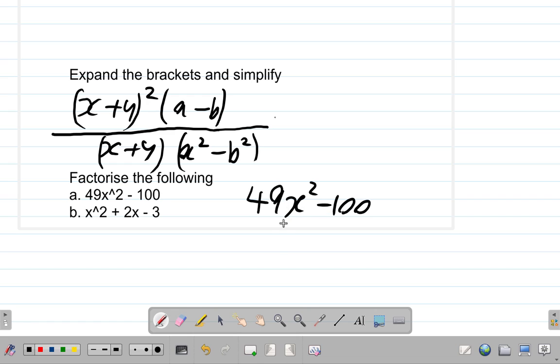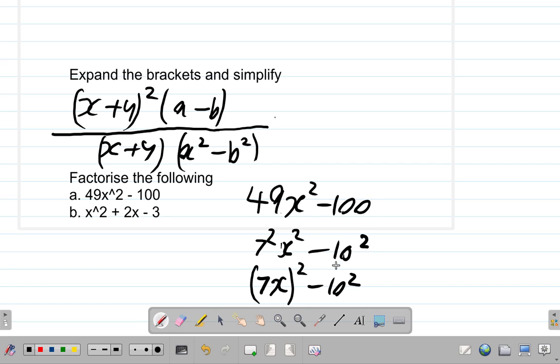Alright, so what do you do here? It's the difference of two squares, you know. Let's write down what it is a square. 49 is 7 squared, and you have x squared minus 10 squared. This 7 squared x squared is the same as 7x all squared minus 10 squared.